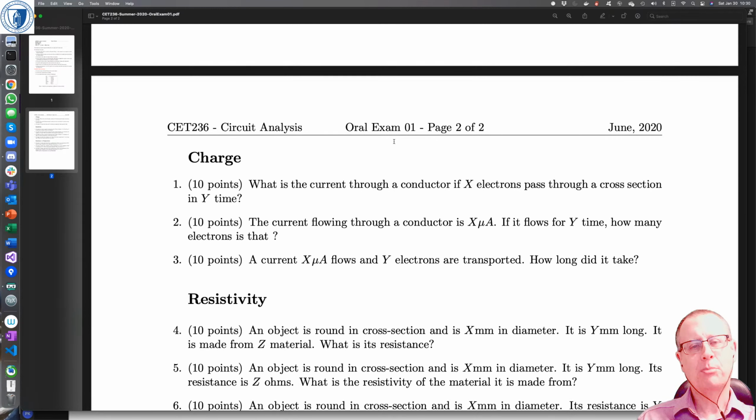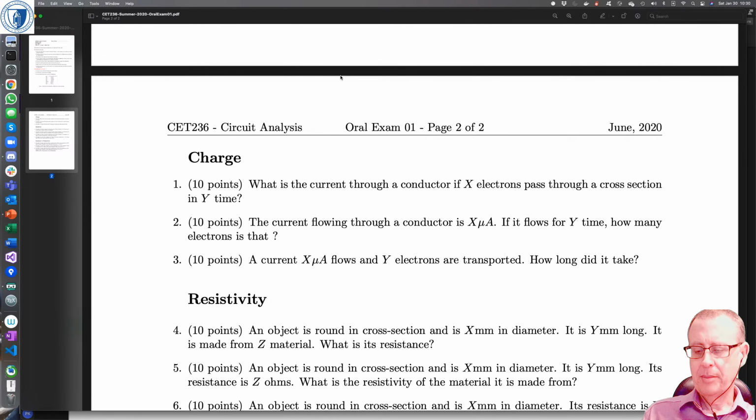So this is the sort of question I might ask about this topic of charge. What is the current through a conductor if X electrons pass through a cross section in Y time? Right, so we've got X electrons, and I don't think I can draw on that.